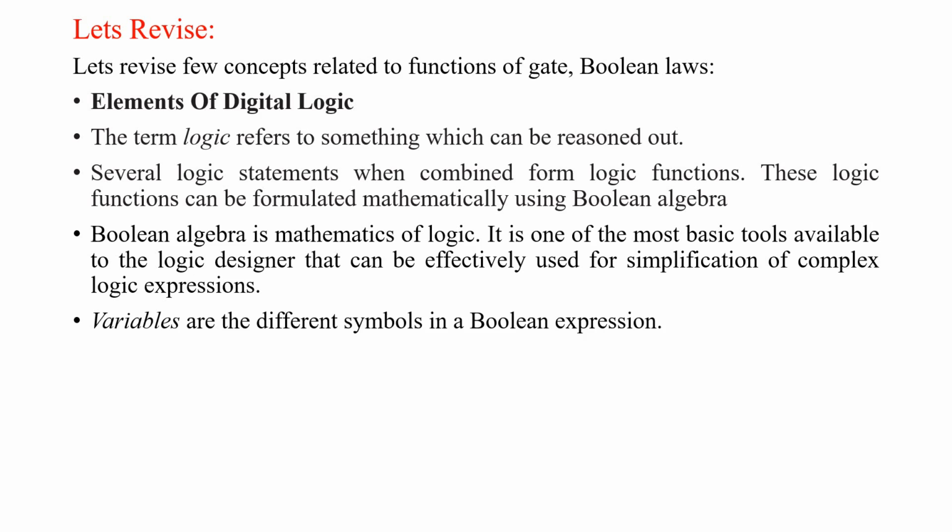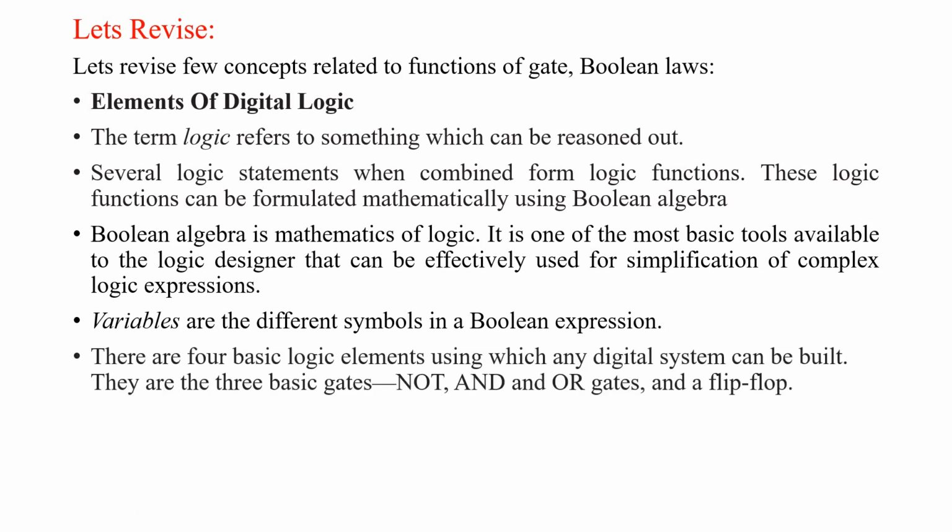The variables are the different symbols in the Boolean expressions. Let us call them the variables a, b, c, d, or whatever nomenclature you want to give for expressing your Boolean algebra. The variable can be represented in terms of names.